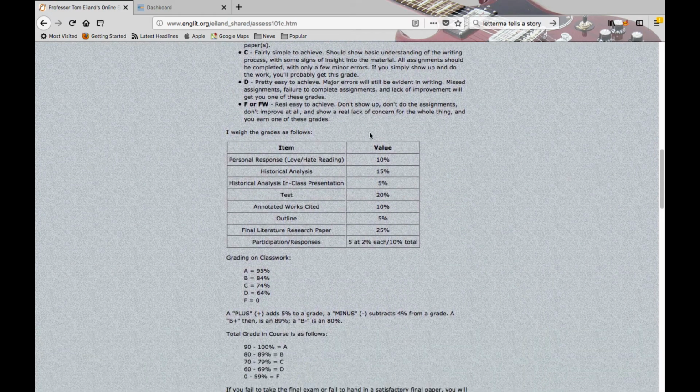And so when you look at the grading policy, you'll notice that the response, the anecdote that I told you about, is worth this much, and then you're going to do a historical analysis on a particular criminal. You're going to make a presentation. We'll get to the test material later. But also you have your participation responses, and during the course of the semester, if you want an A in participation, you'll do 5 of these in which you're giving me these little samples.